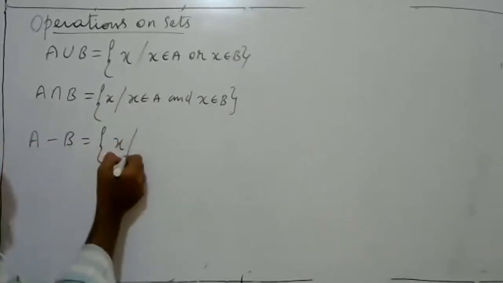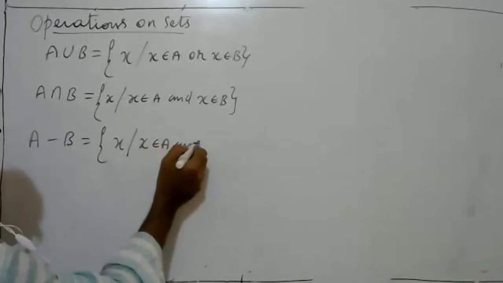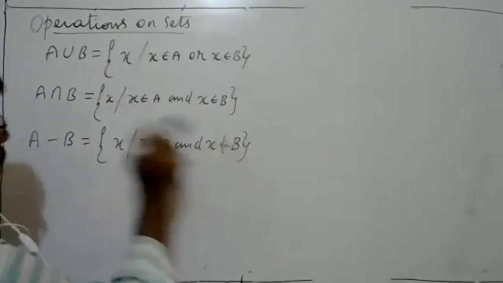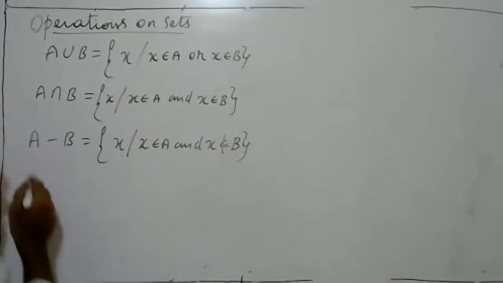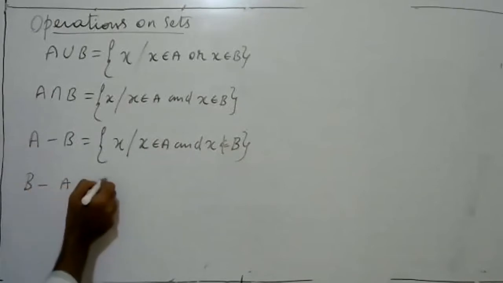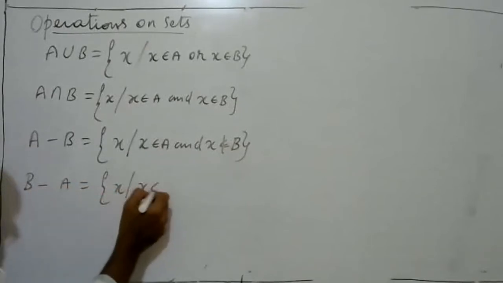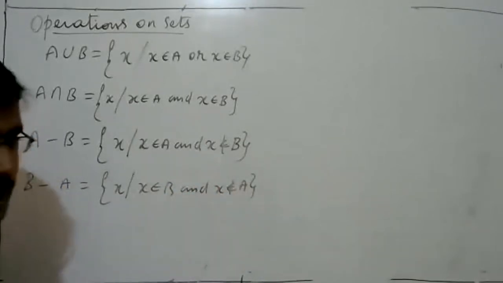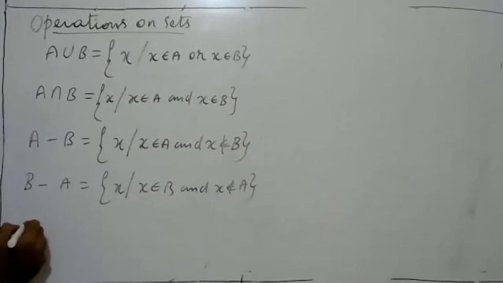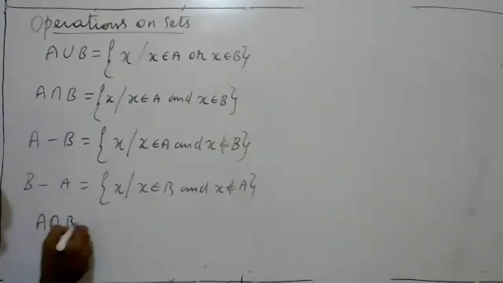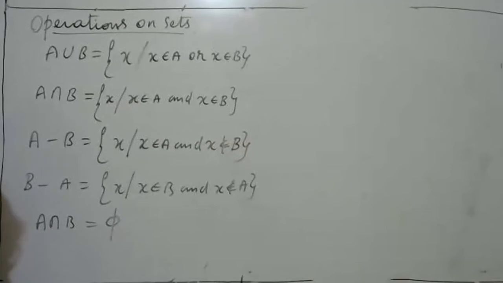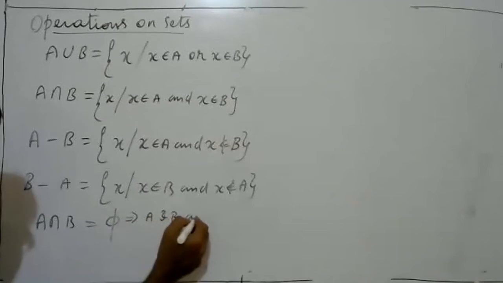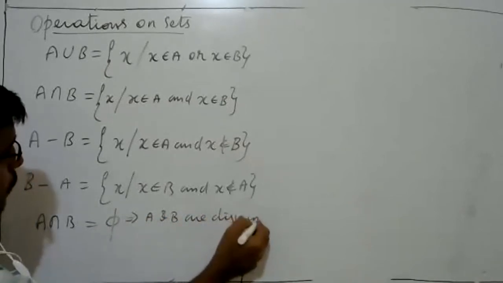The set of all x where x belongs to A and x does not belong to B. The next one is B minus A: the set of all x where x belongs to B and x does not belong to A. Another important point: if A intersection B is empty, there are no common elements, so A and B are called disjoint sets.